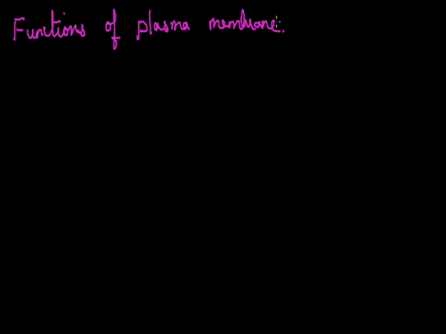Let us now talk about the functions of the plasma membrane. The first and foremost function of the plasma membrane is holding the cell contents, the things that are inside the cell.